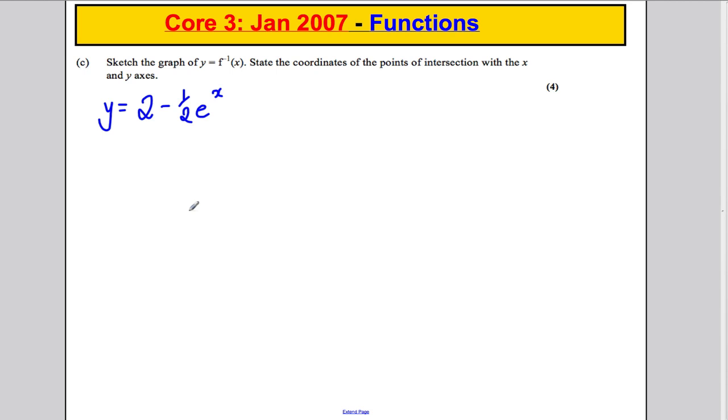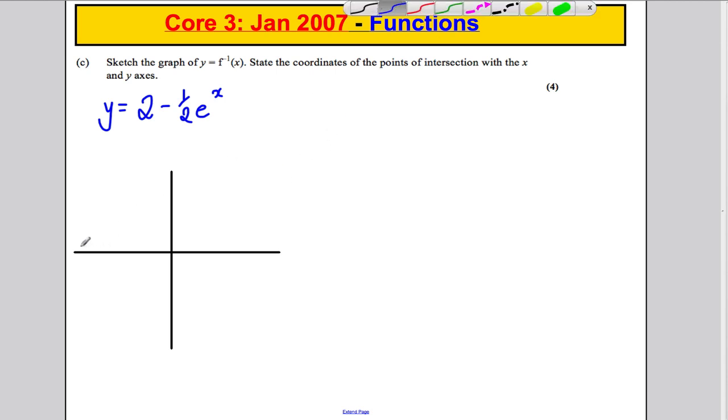And you are asked to draw this graph. Okay. First thing to note is that in general, we have an exponential graph. So an exponential graph looks like this in principle.